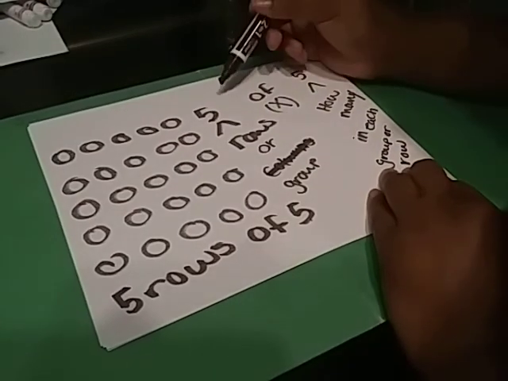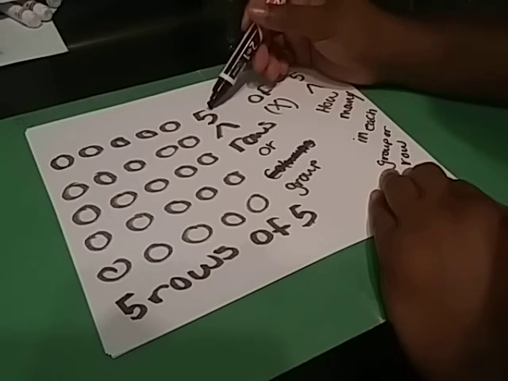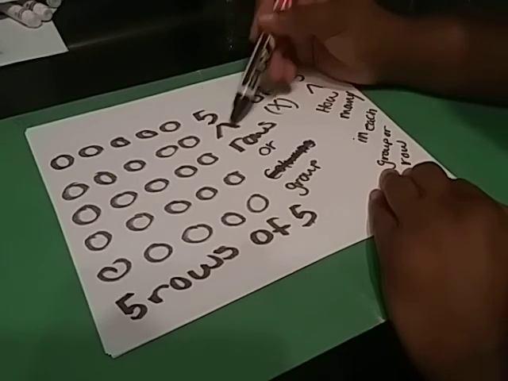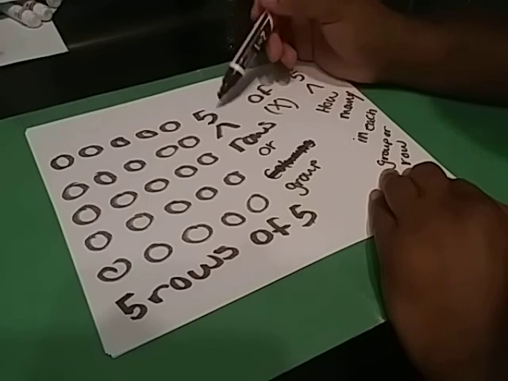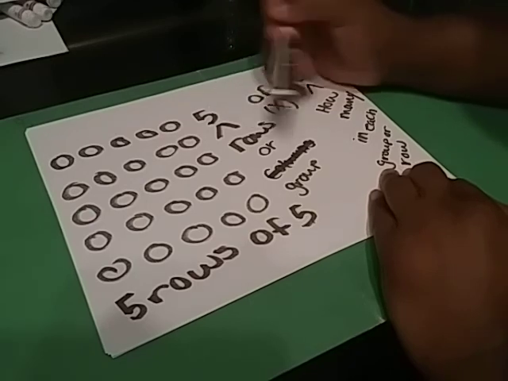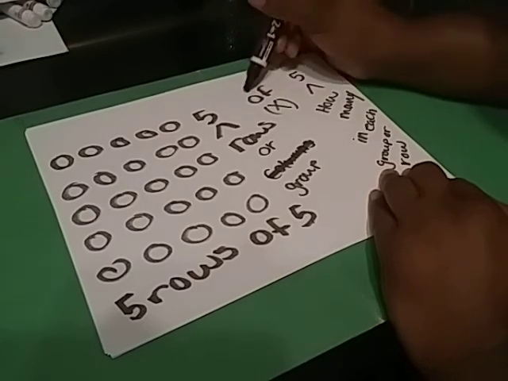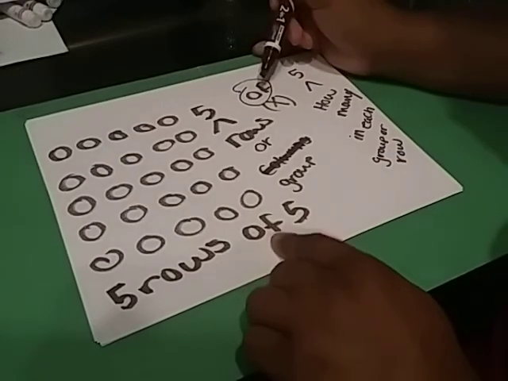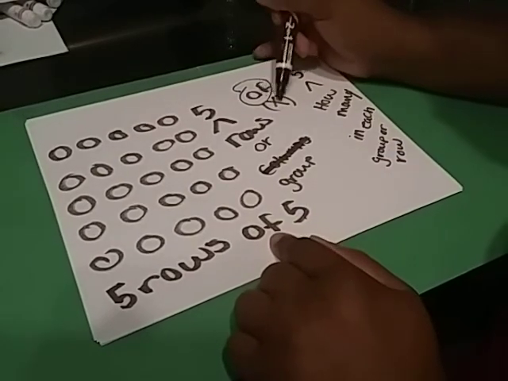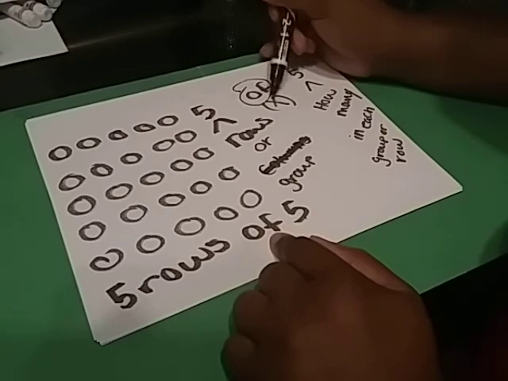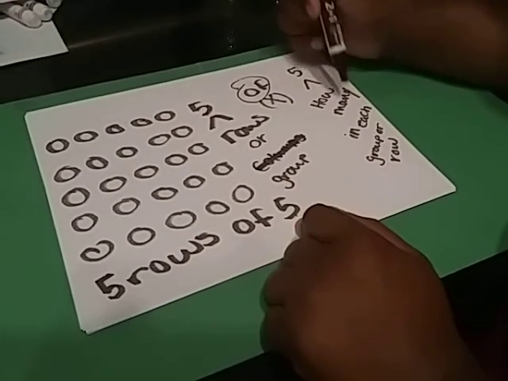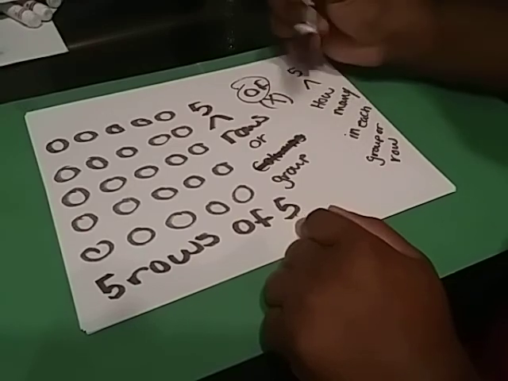So the first 5 that I have in a multiplication equation represents 5 rows or groups. "Of" represents the X, that I'm about to multiply. The second 5 represents how many are in each group or on each row.